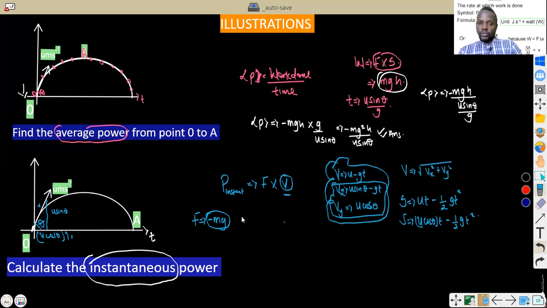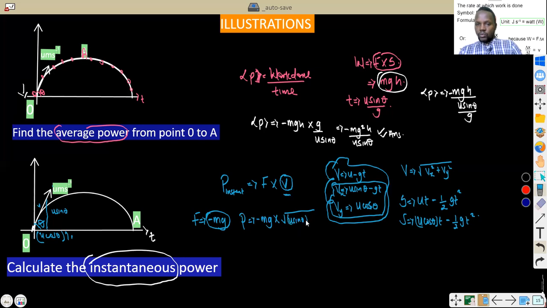But what I just want you to do now is P instantaneous will be equal to negative mg times a square root of, I hope students can do this, the Vy squared, which is u sin theta minus gt, all squared. You put it there. It looks clumsy, but it's your work to do.